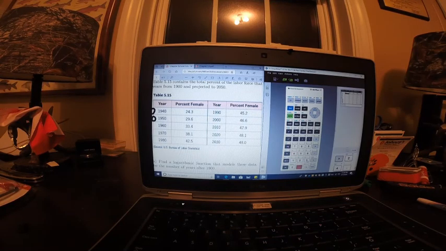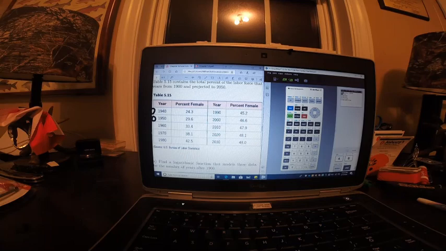That'll be 24.3, 29.6, 33.4, 38.1, 42.5, 45.2, 46.6, 47.9, 48.1, 48. Now we're trying to find this logarithmic function that models these data.